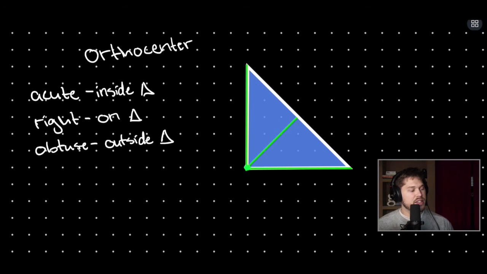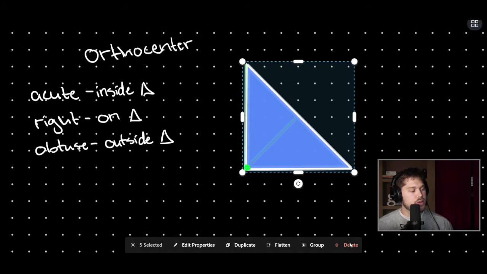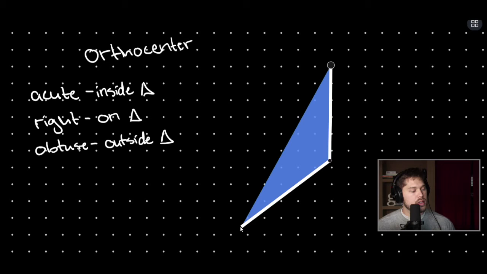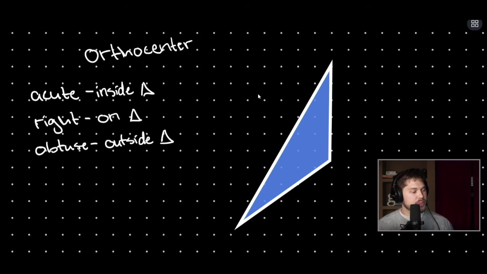Okay, let's lastly look at the orthocenter of an obtuse triangle. So here we have an obtuse triangle.